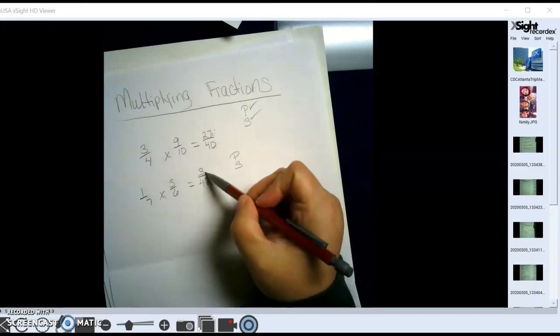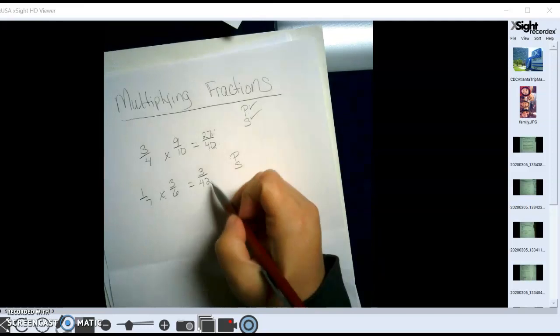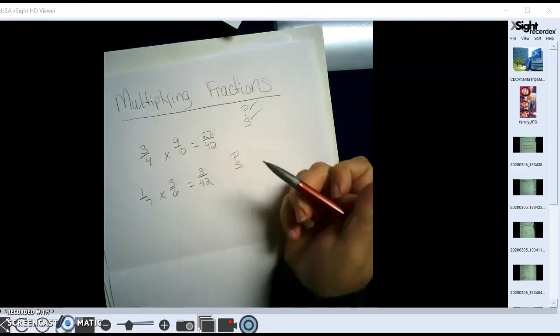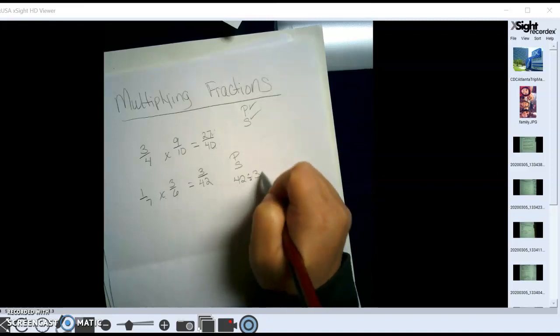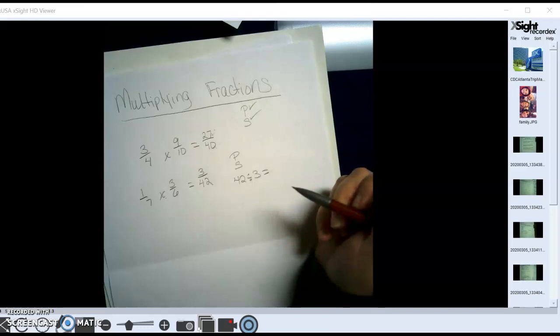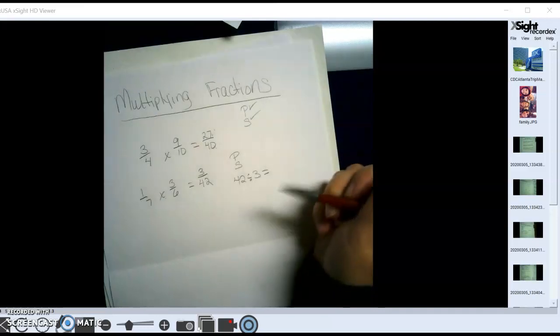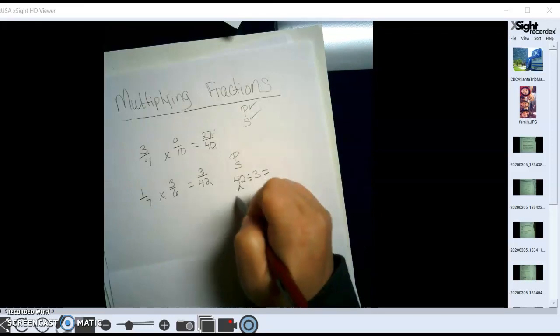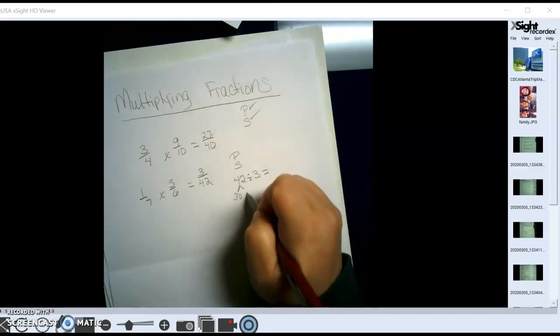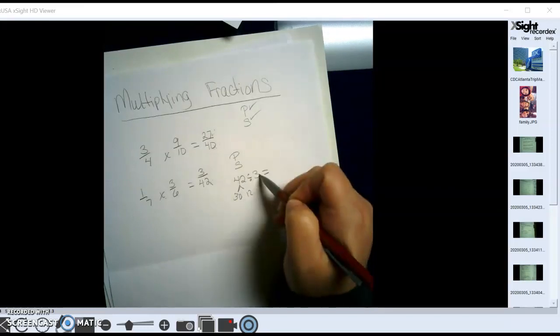Well, what about 3? Now I'm looking at 3 and I'm thinking, I don't know if that's a factor of 42 or not. Well, a quick way to check is to say 42 divided by 3. And then think about what you do know. You know that 3 times 10 is 30. So you can split this 42 into 30 and then you'd have 12 left over. Well, is 3 a factor of 12? Yes, indeedy it is.